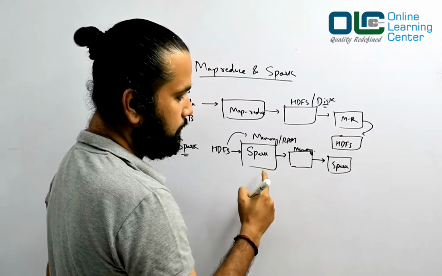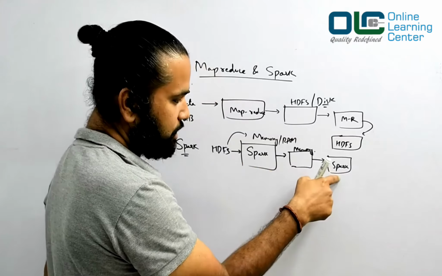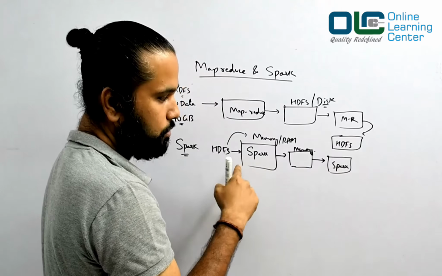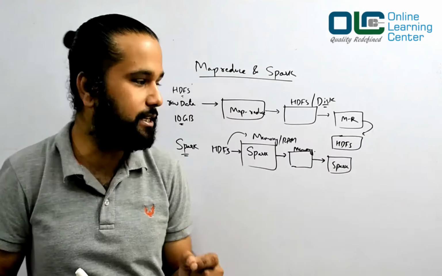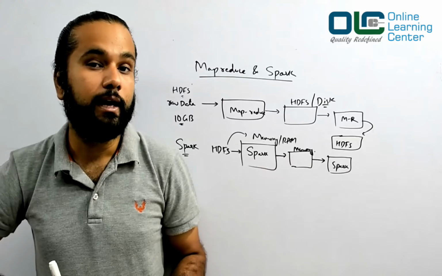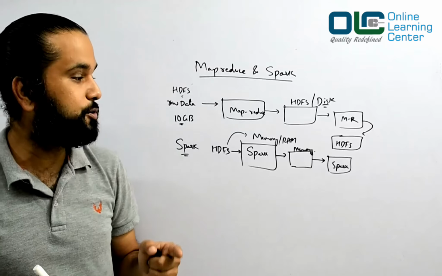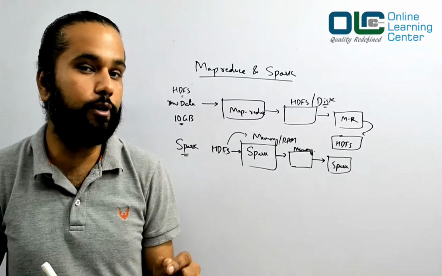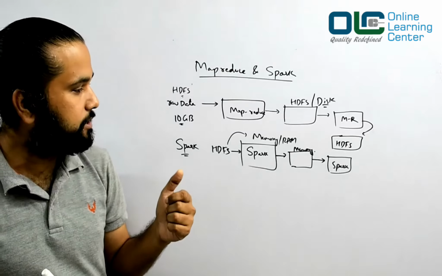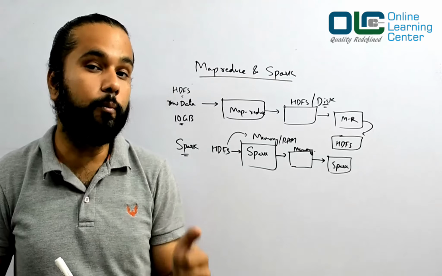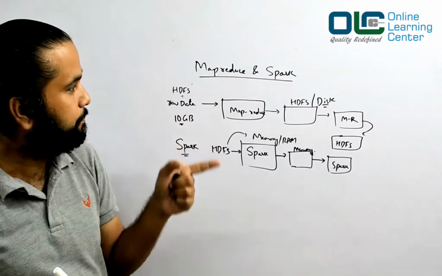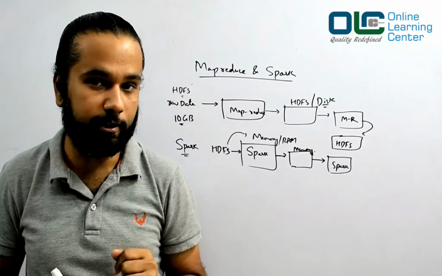The way they exchange data is through your memory, that is your RAM, and that is what makes Spark very good in performance. That is the reason we say Spark is a distributed in-memory computing framework. That's the biggest difference between MapReduce and Spark.